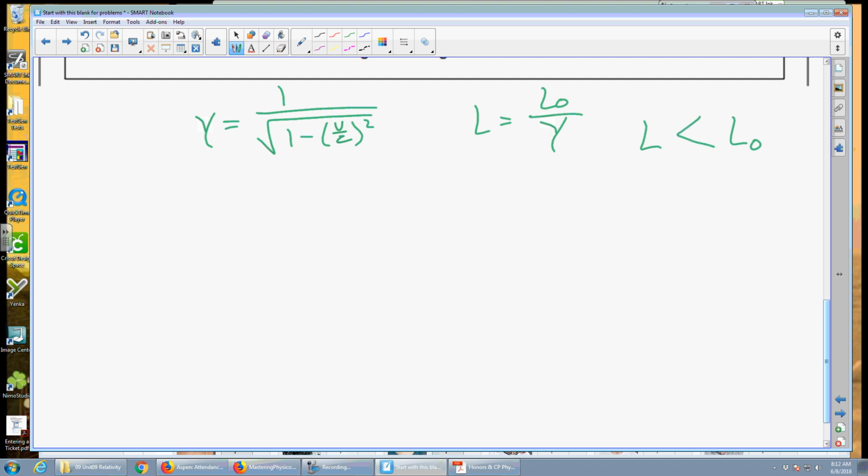Think about putting 2 in for gamma. You'd get a smaller number. All right. So that means that this will be when it's a square, and this is when it's a rectangle. Right? Yes?